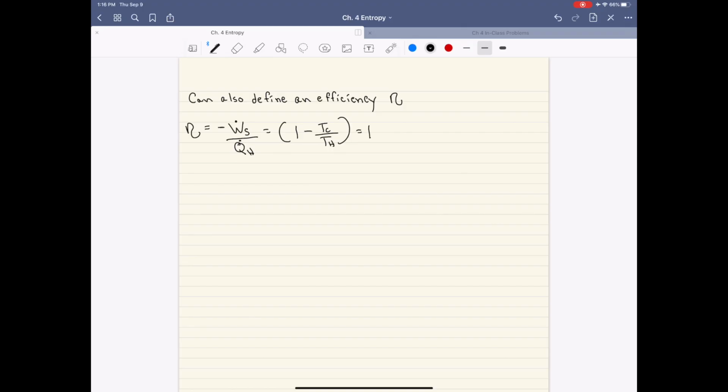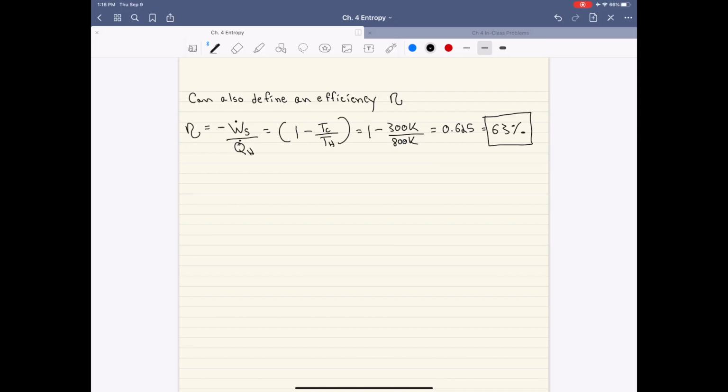And so for our system that we were dealing with, we have TC and TH. And so then our efficiency is 0.625, or otherwise 63%. And so this tells us, at least physically, that 63% of the heat that was put into the system is actually converted into shaft work, right?